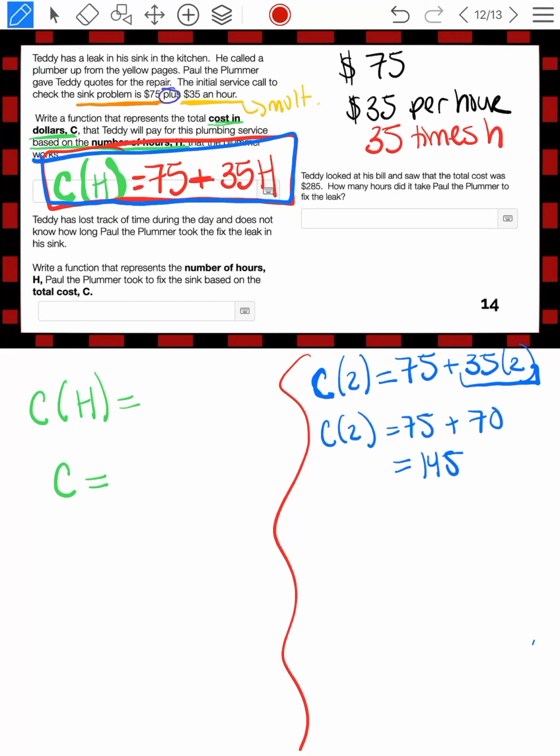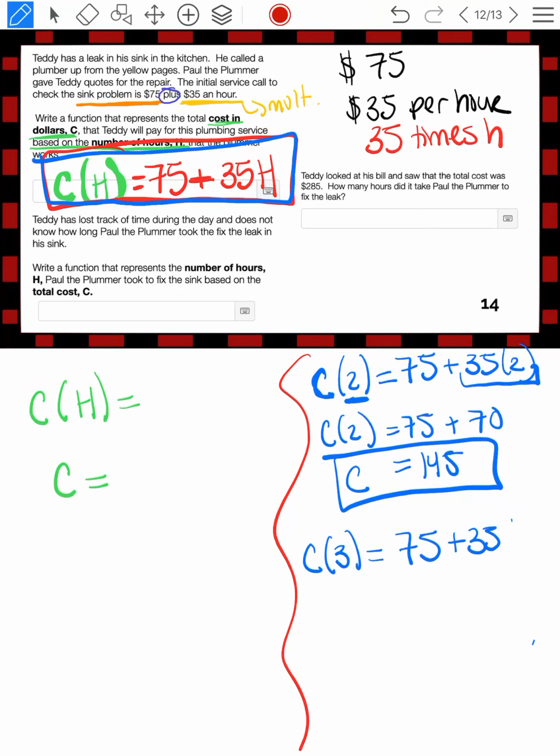So this function we created up here will give us the cost, 145, based on the number of hours, in this case 2. And we could repeat and do it for anything. If I want to find the cost for 3 hours, I could do 75 plus 35 times 3, and so on. So we're creating an equation that will find you the cost when you know the number of hours.